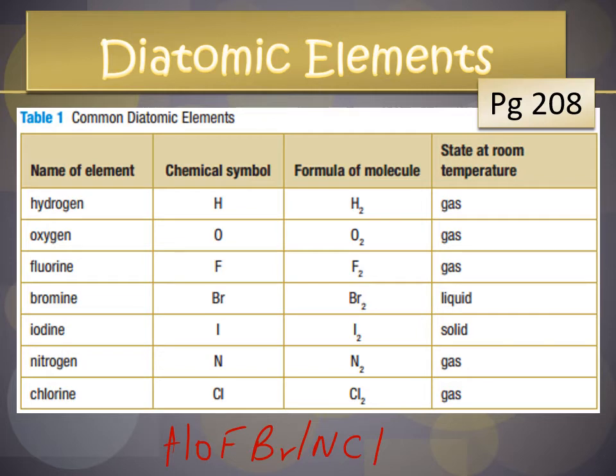So all of these diatomic elements, when they're bonded as two, they're a gas at room temperature, and we do have to indicate that. So you would have to tell me it's hydrogen gas. So H2 is hydrogen gas. O2 is oxygen gas, okay? And you can use Hofbrinkel to remember the elements that are included in them.